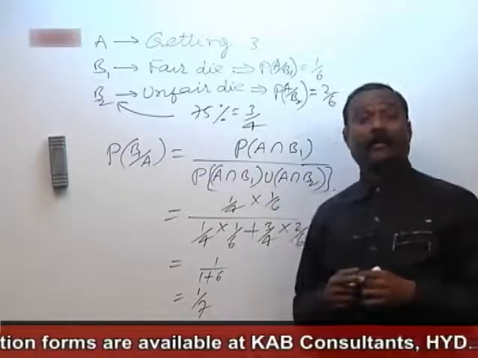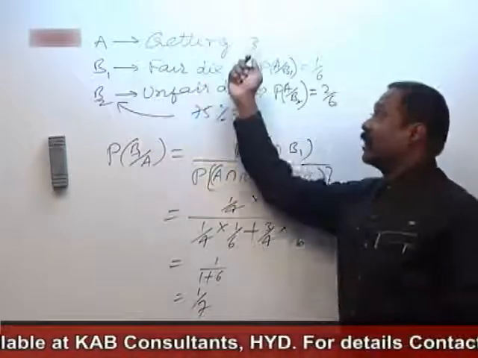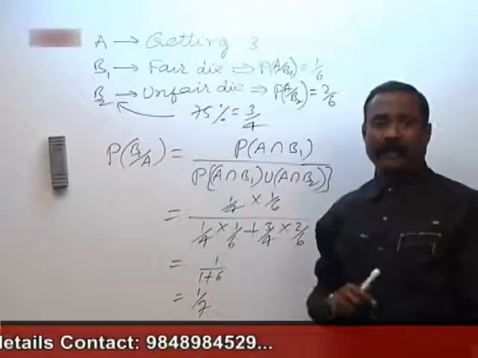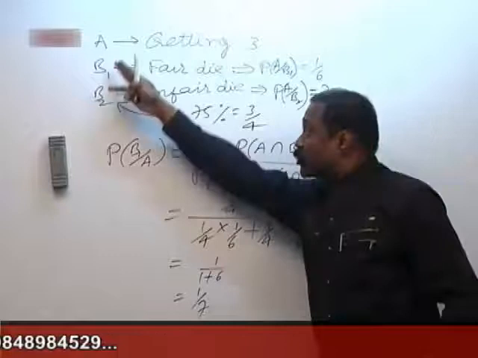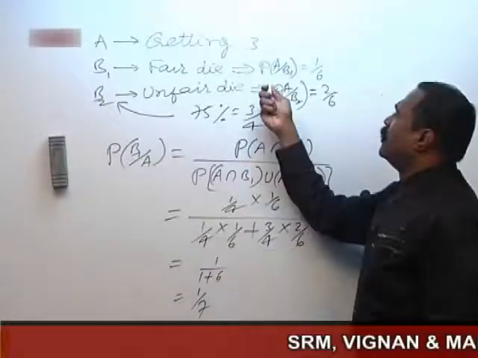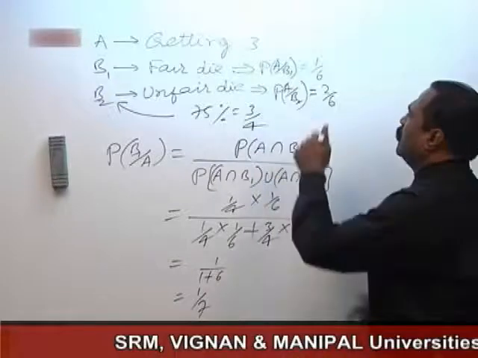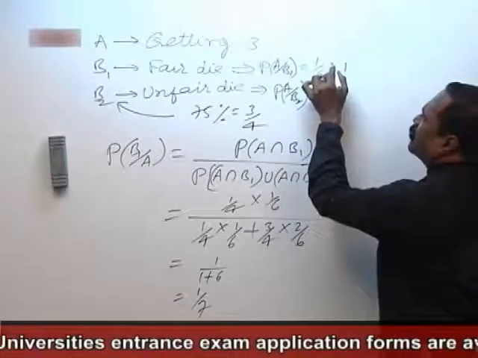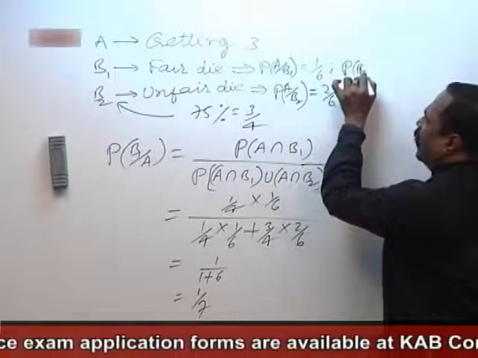I repeat the problem. This is A, getting number 3. B1 is the fair die. B2 is the unfair die. So A happens with the 2 events here. What are they? B1 and B2. So what is the probability of picking up B1? Let me write that also, P of B1, because I didn't write that.